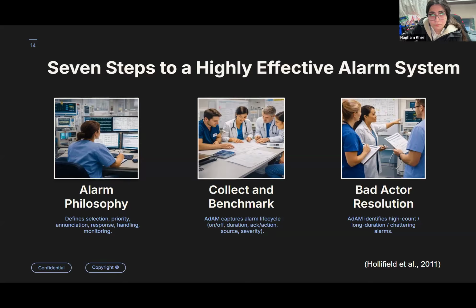And so Krake enforces that philosophy. How? We're going to get to that, but it enforces that philosophy at the moment the alarm is delivered, right? Practically, this means 3 things. First, Krake can be configured to separate patient alarms from device or system alarms.